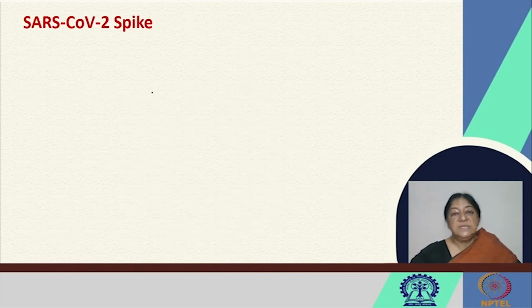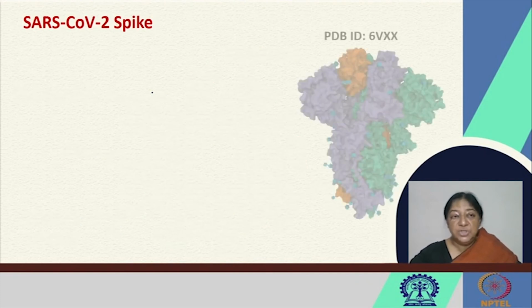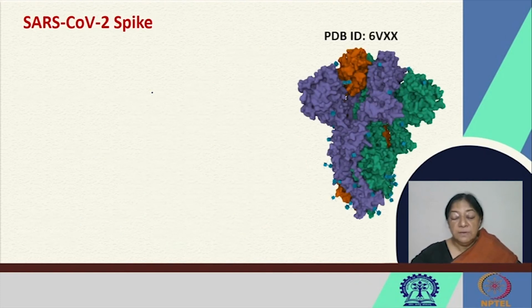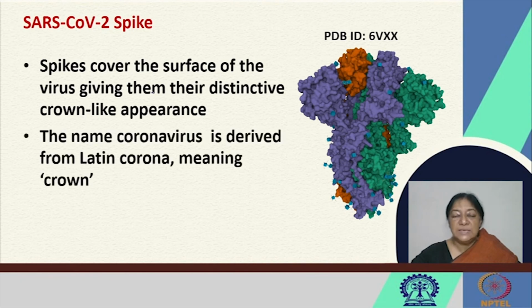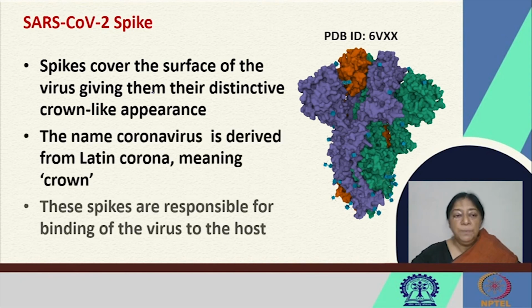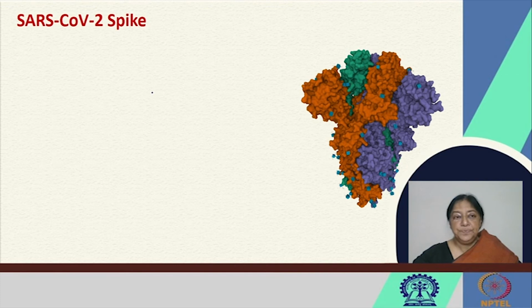This gives it the specific structure of the coronavirus. The spikes cover the surface of the virus that give them their distinctive crown-like appearance, hence the name corona, which comes from the Latin corona, which means crown. And these spikes are responsible for binding of the virus to the host.